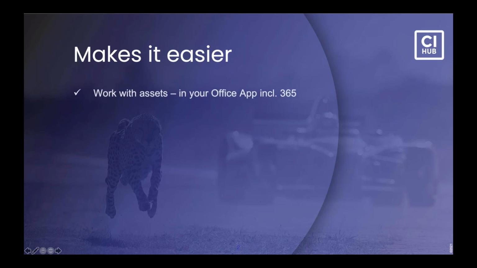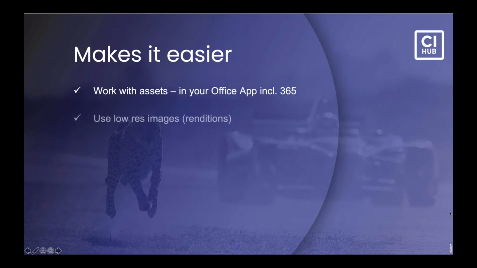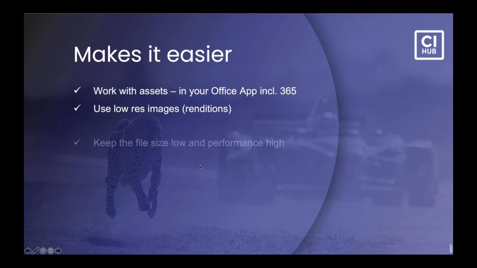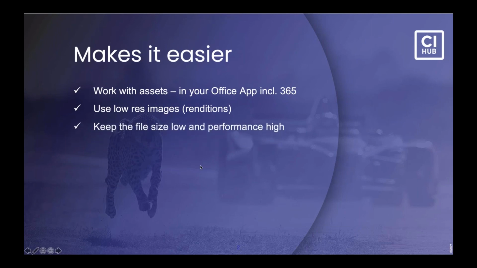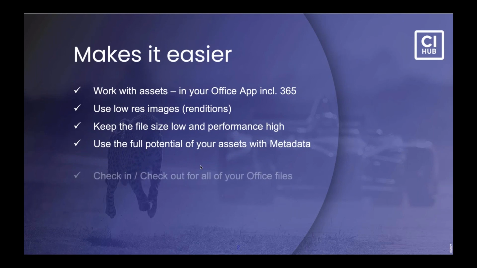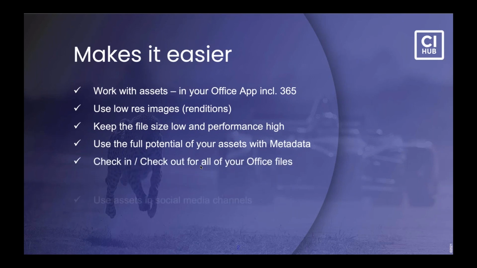Cool. Back to you. So it works in all of the Office applications, including 365. You can use the low-res renditions. You can also set them as a default. And we all know what it means to have a PowerPoint presentation with gigabytes of files and sizes. You can check in and check out the Office documents if the system supports that, and you saw that in the example.